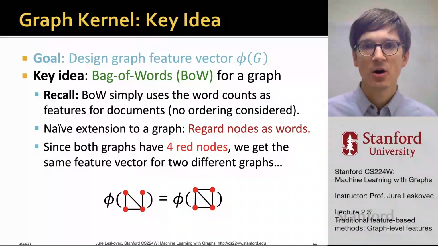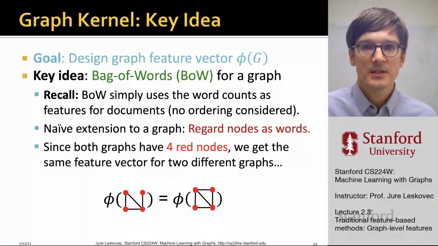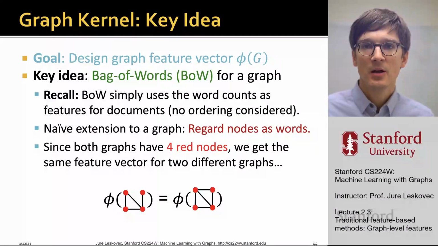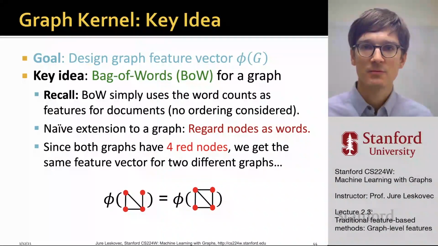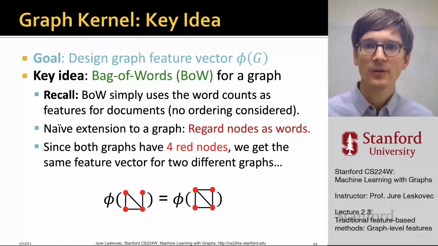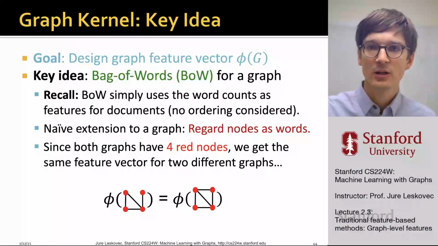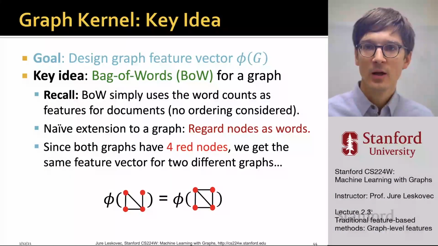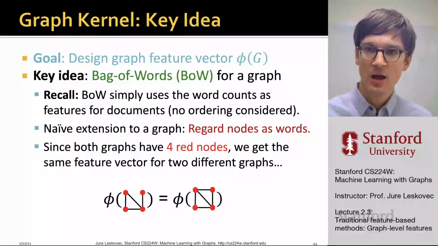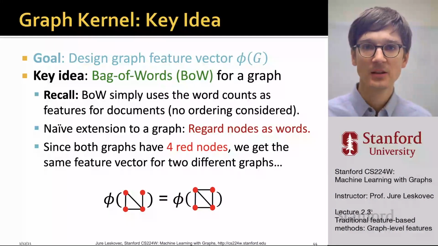When we have text documents, one way we can represent a text document is to simply represent it as a bag of words, where for every word we keep a count of how often that word appears in the document. So we can think of, let's say, words sorted alphabetically, and then at position i of this bag of words representation, we will have the frequency, the number of occurrences of word i in the document.